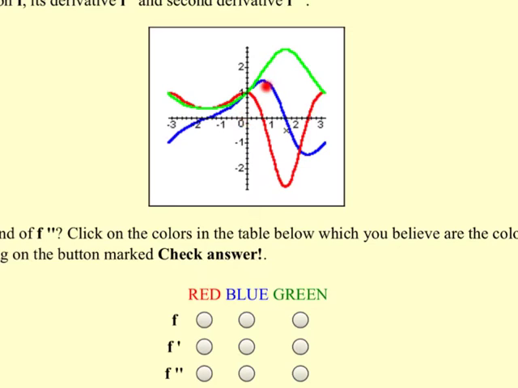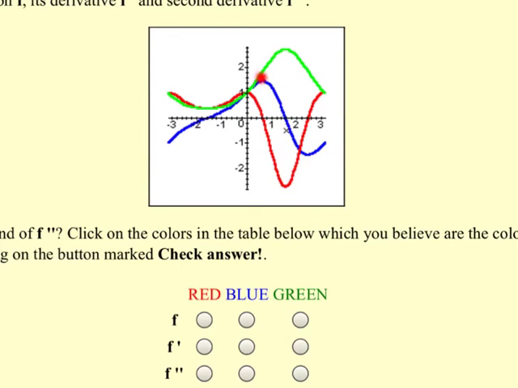So actually the derivative of the blue is the red, and the derivative of the green is the blue, again, because here's a 0, and before this these are all positives, and then here these slopes are negative, the blue slopes are negative. Here the green slopes are negative, the blue values are negative.